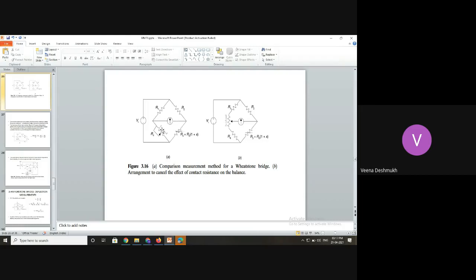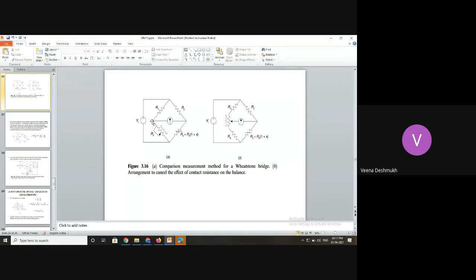And whenever the value of one of the arms is changed, now we'll move to what, instead of connecting known value resistors, in one of the arms, if an unknown resistor, say a sensor which is a resistive sensor, is connected, then any variation in the resistance of this sensor brings the change in the potential differences.